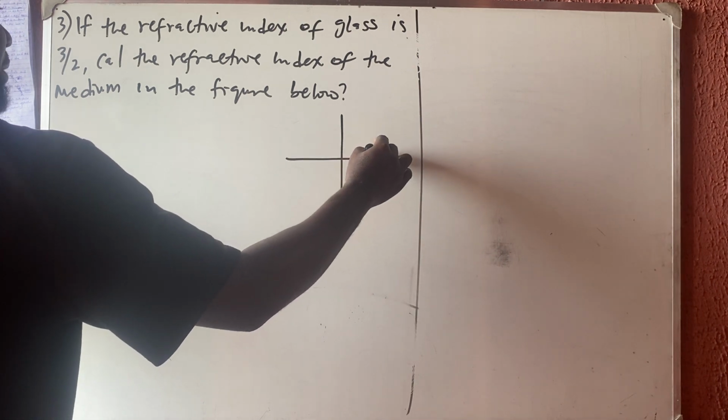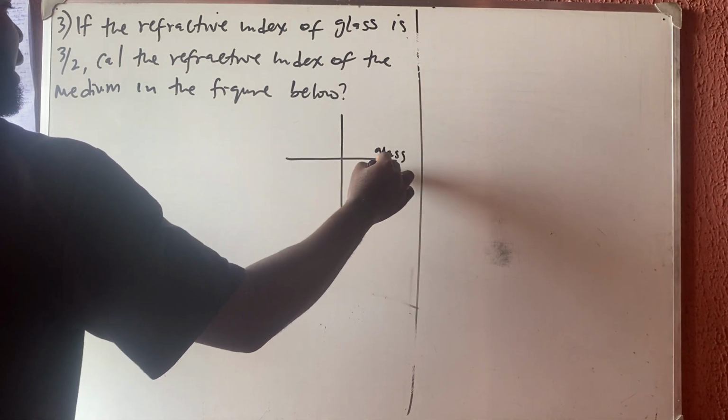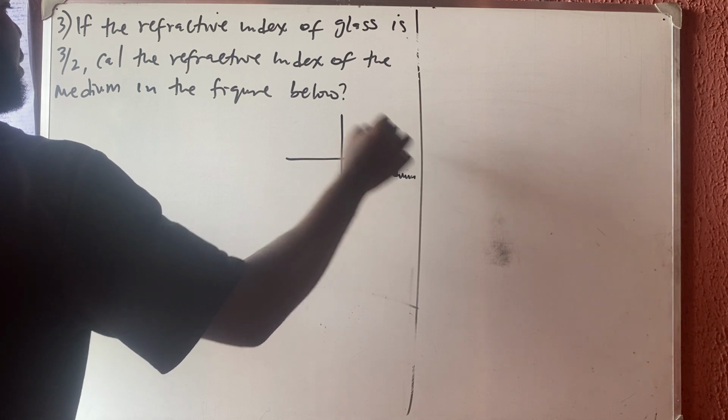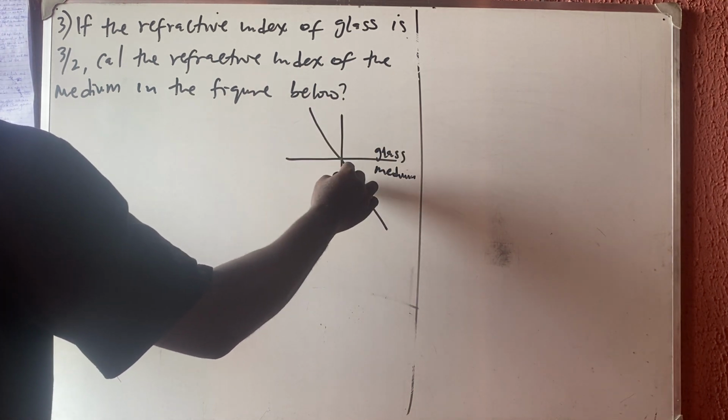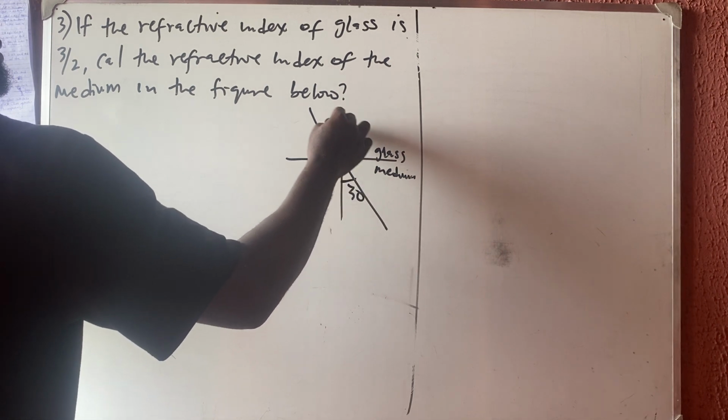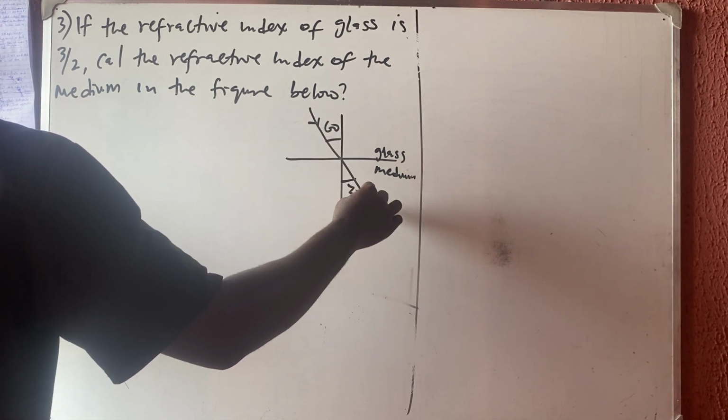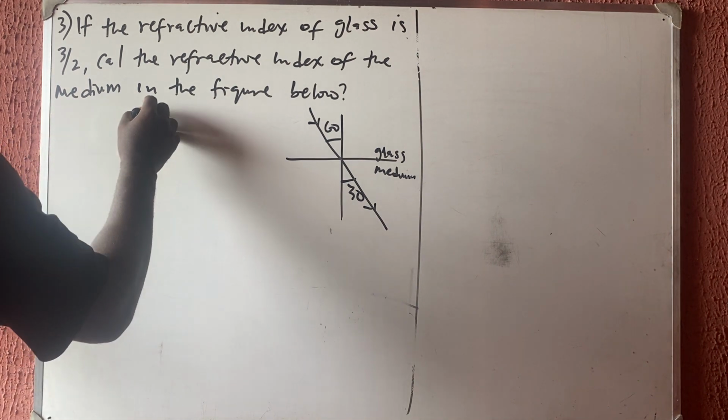They said that here is my glass and here is the medium. They now gave us angles: here is 30 and here is 60. So, solution.